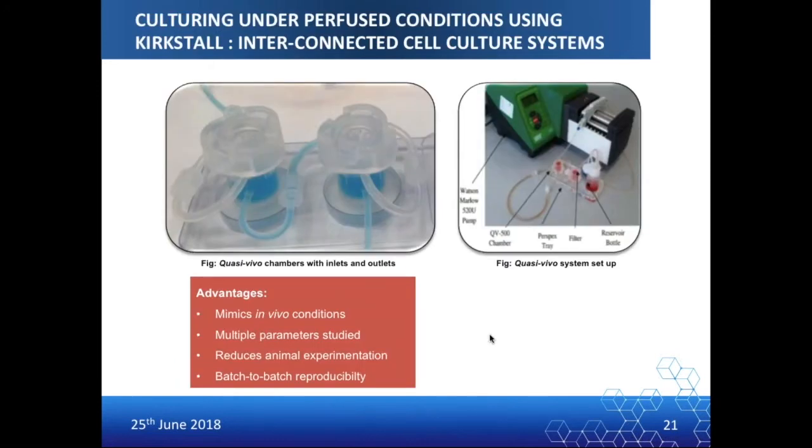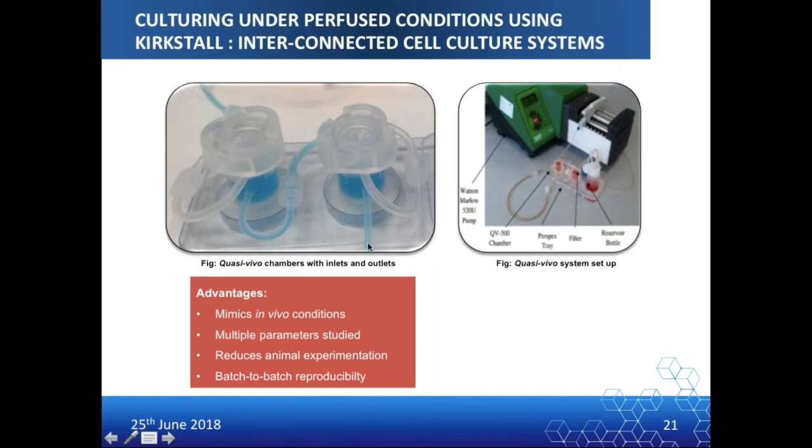And for this, we also used the QuasiVivo 600 system to culture the cells under perfused conditions and to have an interconnected cell culture system. And here you can already see how this looks. So you have the silicone chambers where you put in your Transwell, as Bhumika already told, and you connect this and the reservoir bottle to a peristaltic pump, and then you are able to pump the medium through the system.